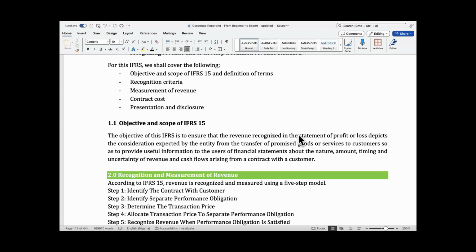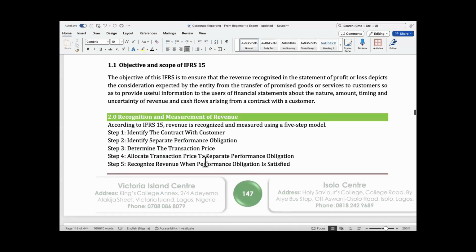Revenue in the statement of profit or loss must depict the consideration expected from the transfer of goods or services to customers. If you have not delivered goods or services to customers, you should not recognize revenue in the books. That's the core principle. And in order to achieve that, this standard said that to recognize and measure revenue, we use a 5-step model.